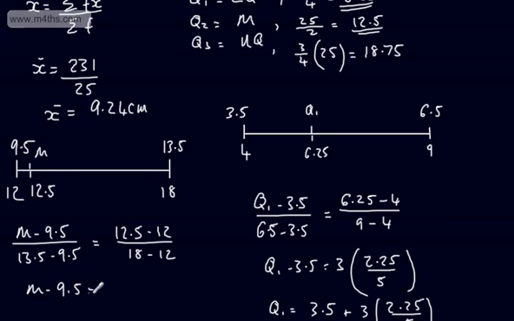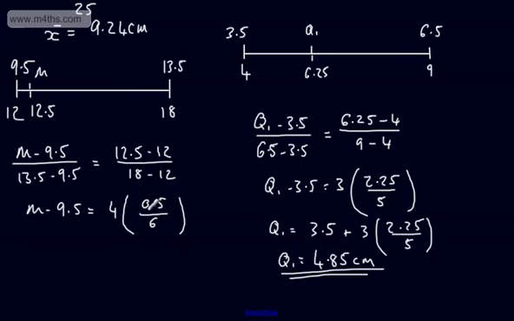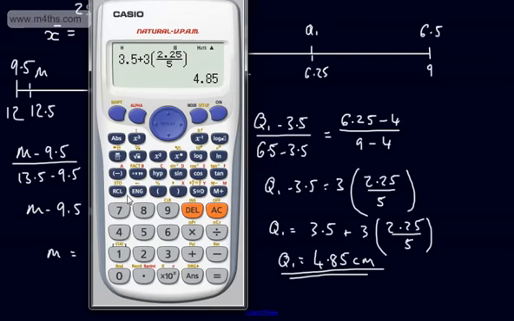So we can write this as 4 lots now of 0.5, over now, that's going to give me 6. So what have we got in total? Well, that's going to give me 2 over 6, which is going to be 1/3. So we can say M will be equal to 9.5 plus 1/3. If we just look at this, 4 times by half is 2, 2 over 6 is 1/3. So let's do now 1/3.